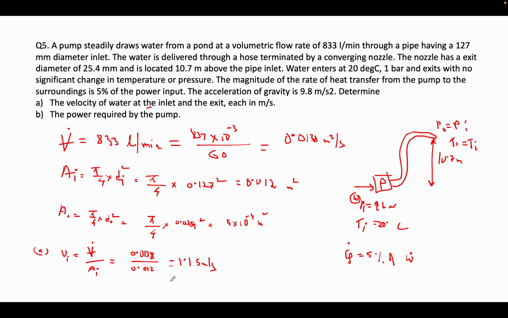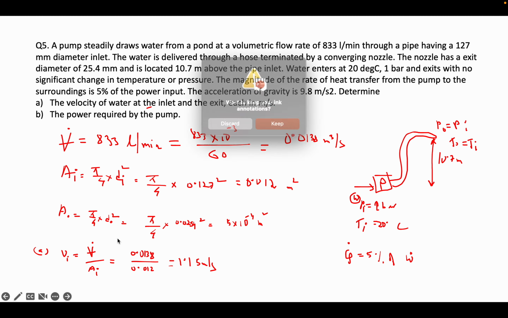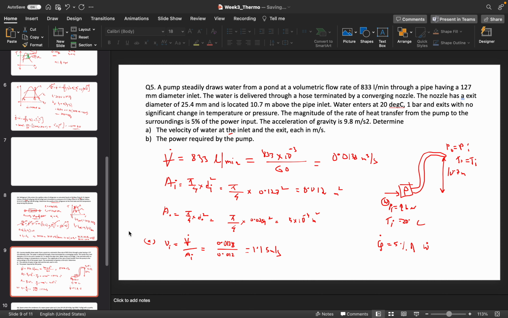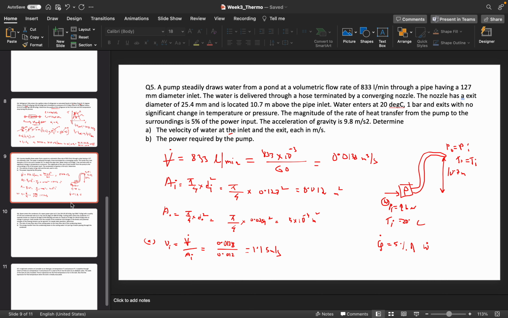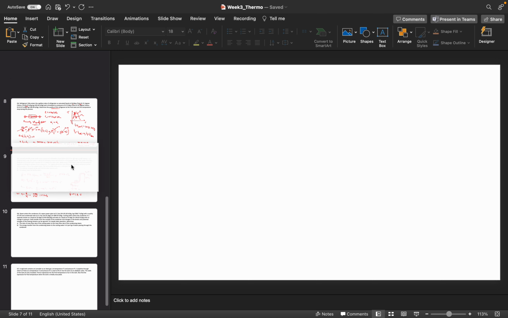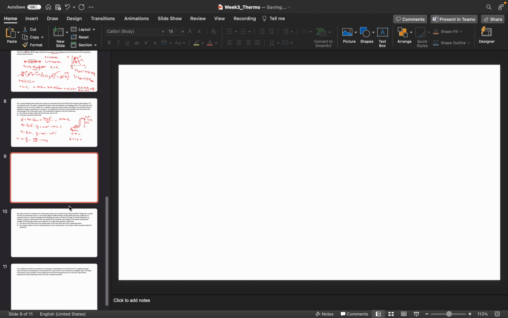Now it is telling the water pump flows steadily. So we know that at steady state dmcv by dt is equal to mi dot minus mo dot.